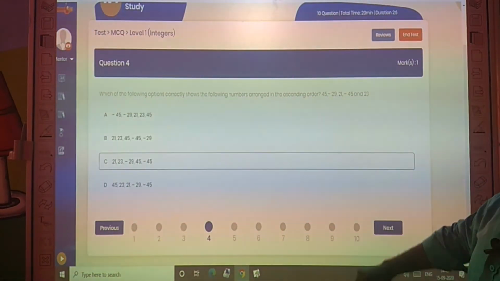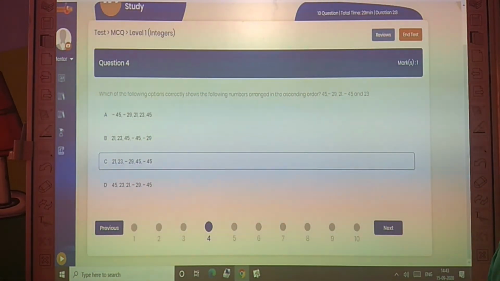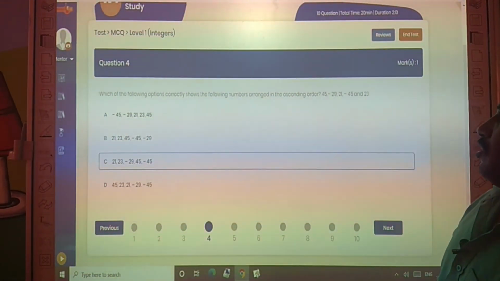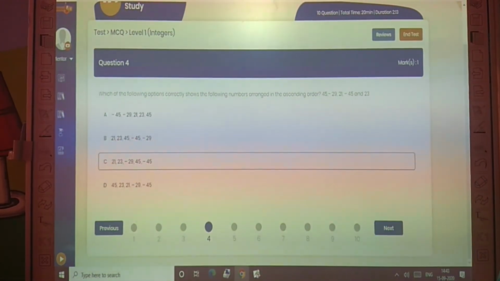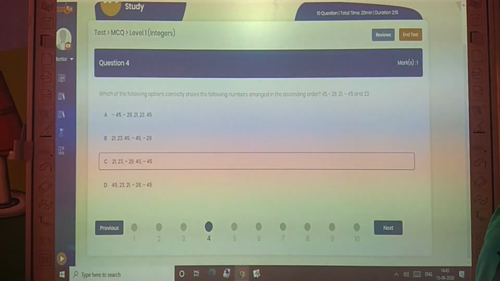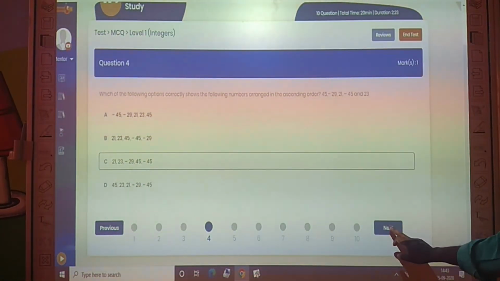Then question number 4, which of the following correctly shows the following numbers arranged in ascending order: minus 45, minus 29, plus 21, minus 45 and 23.